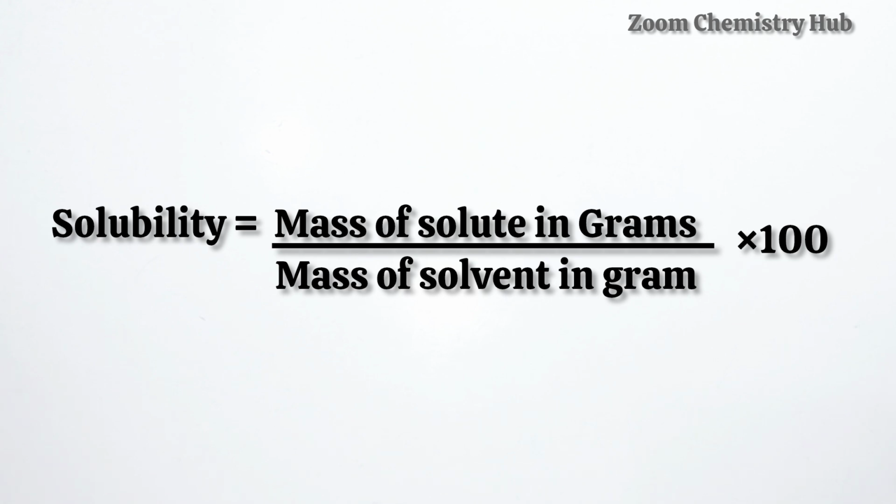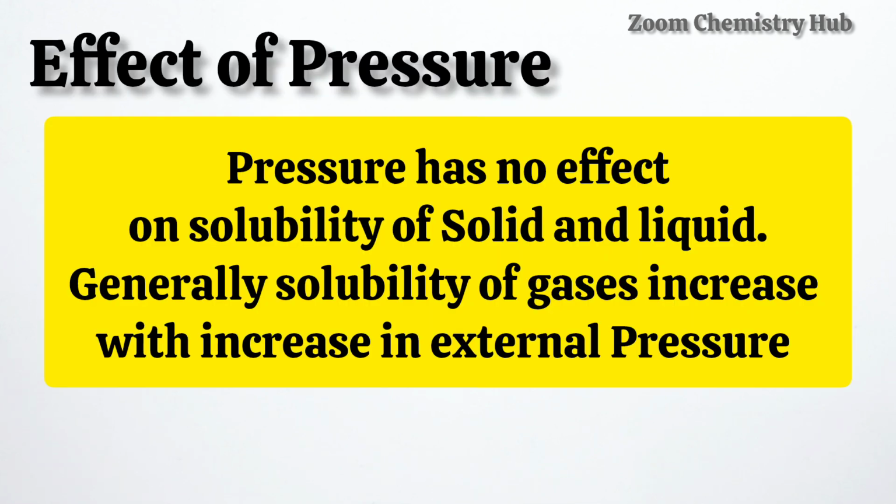Now we will discuss what is the effect of temperature and pressure on solubility. So first we will take the effect of pressure. As we know that pressure has no effect on solubility of solid and liquid.